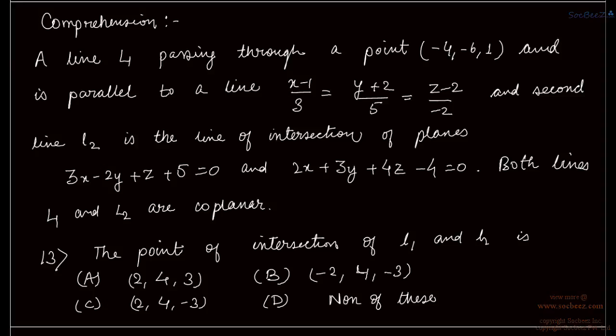It is also given that both lines L1 and L2 are coplanar, that is, they lie on the same plane. The first part asks for the point of intersection of L1 and L2.